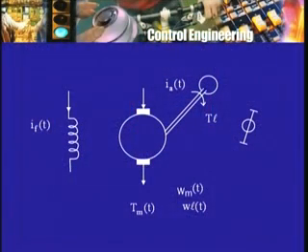As a result, not all the torque which is produced by the motor will be used in driving the load. So Tm may not be equal to TL, and if I want to distinguish between the motor angular speed and the load angular speed, I may of course do it with subscripts: omega m of t for the motor speed and omega L of t for the load speed.